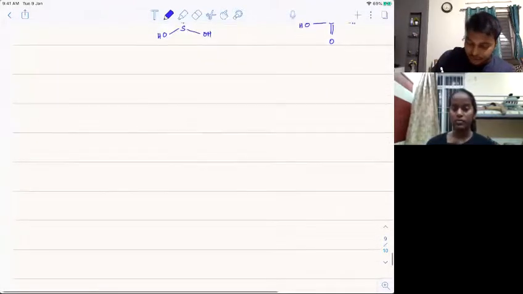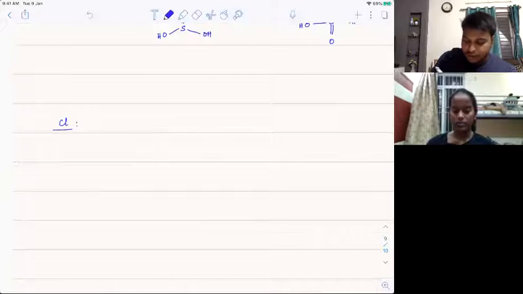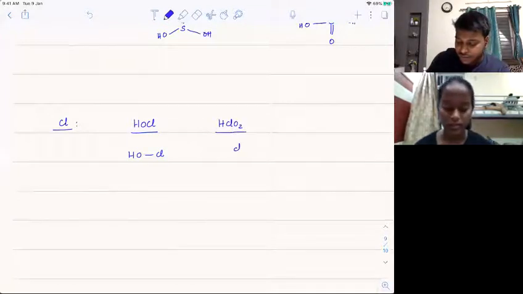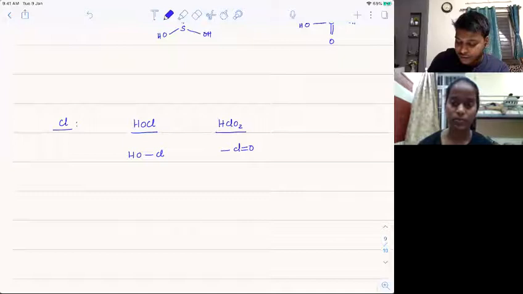Next one is chlorine. Chlorine has a lot of acids. Starting with HOCl first, you have HO connected to chlorine. HClO2: you have chlorine double bond O connected to OH.